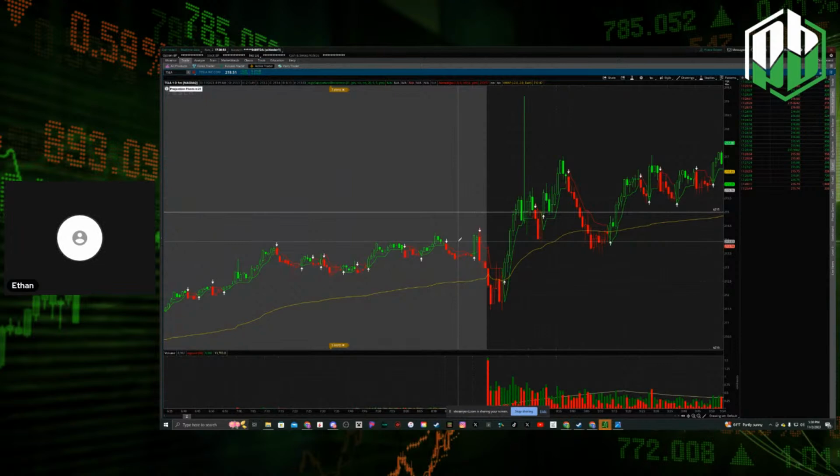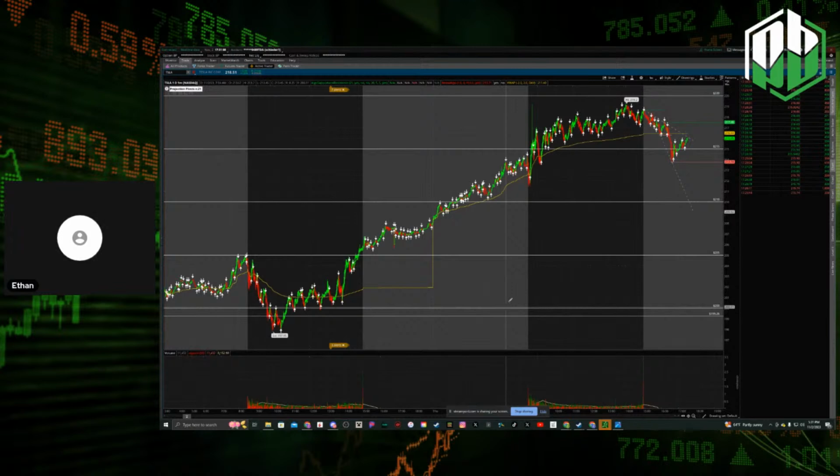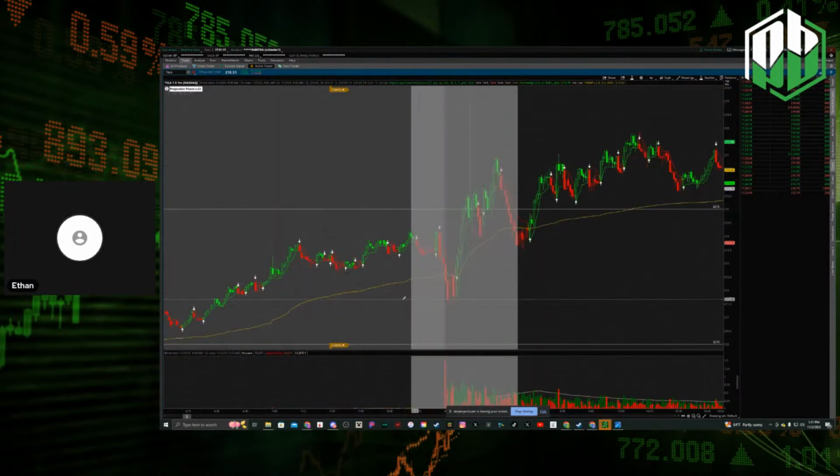Looking for 215 next. So it's just levels, like floors in a building that we need to get to until we've reached our destination. And then obviously the low of today is something I'd be looking at for an opening range low, for an opening range break as well.